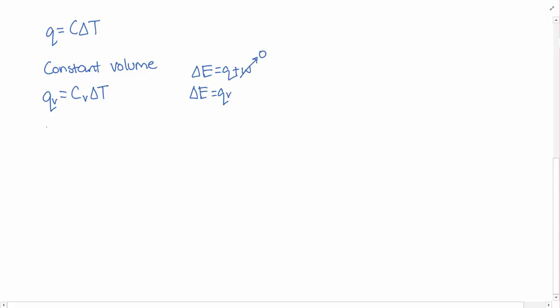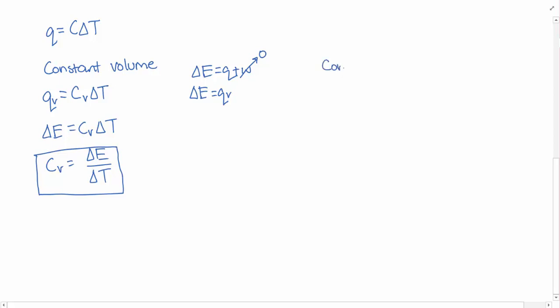So we can replace over here and say delta E equals C_V delta T. Or we can say that C_V is equal to delta E over delta T. So the ratio of the change in energy to the change in temperature is the constant volume heat capacity.